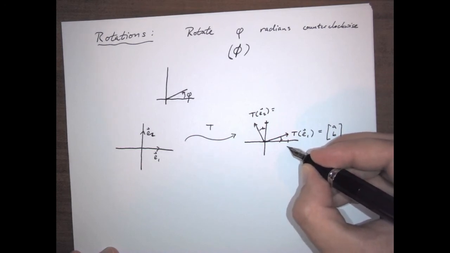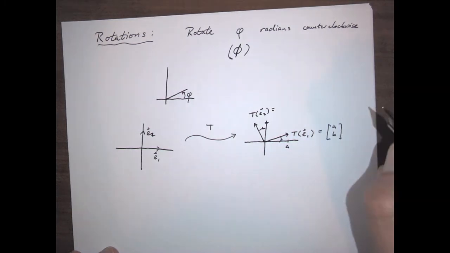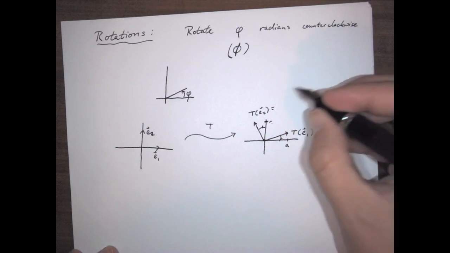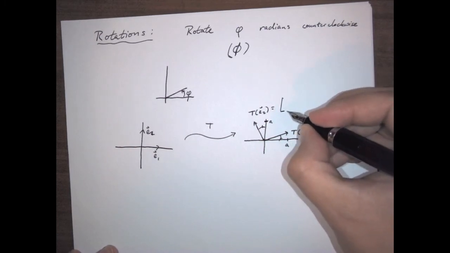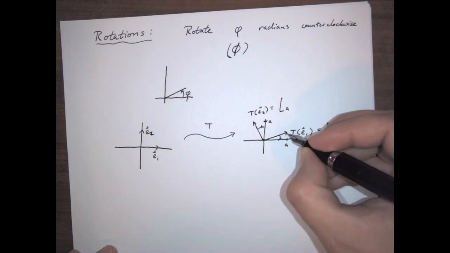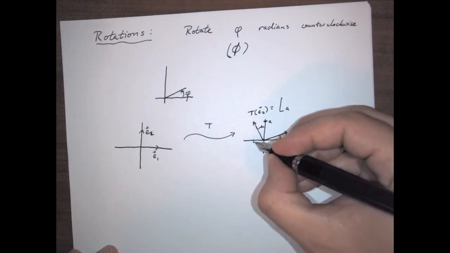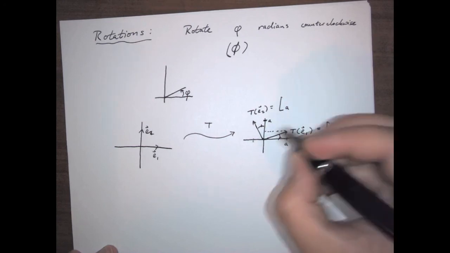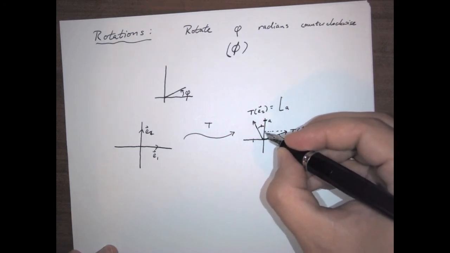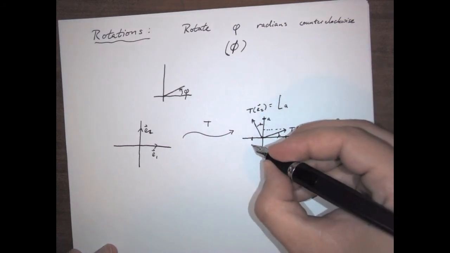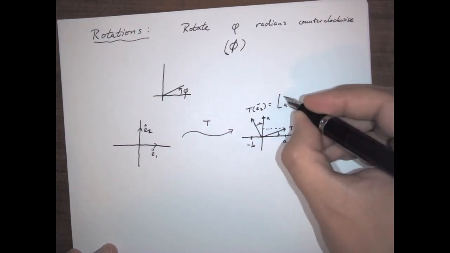So if this was A, then this will also be A. Now as for the x coordinate here, it's going to match whatever the y coordinate was of this one, because these are completely symmetric situations. So this is going to be negative B.